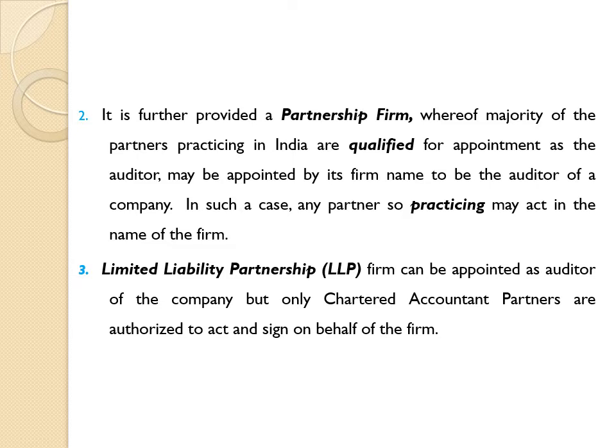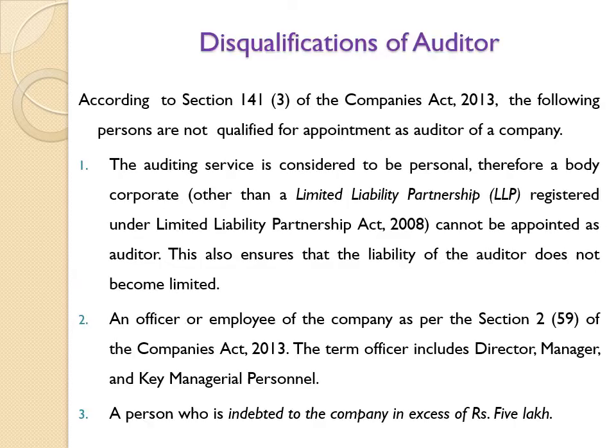It means that we have taken here three parts of qualification. One at individual level, second at partnership firm level, and third one at limited liability partnership firm level. This is the qualification required for appointment of an auditor or auditors of the company.